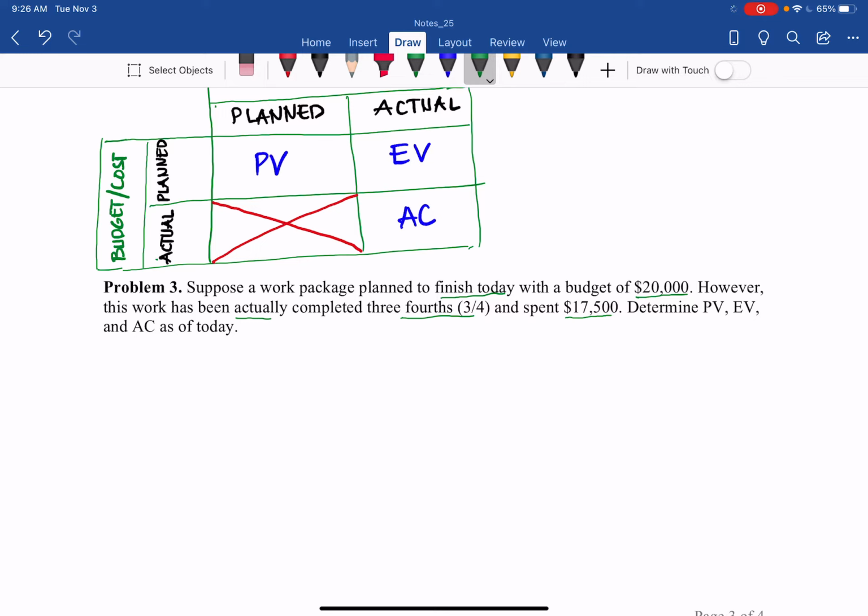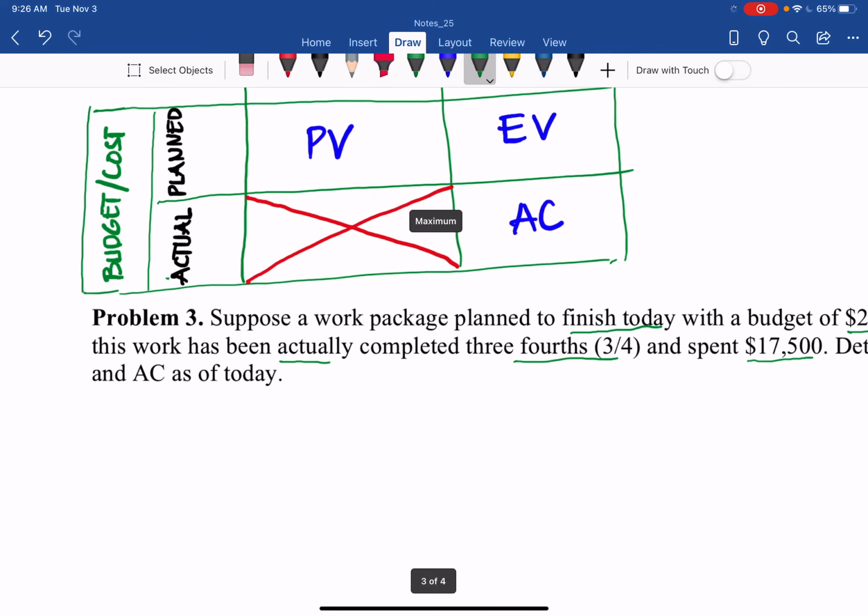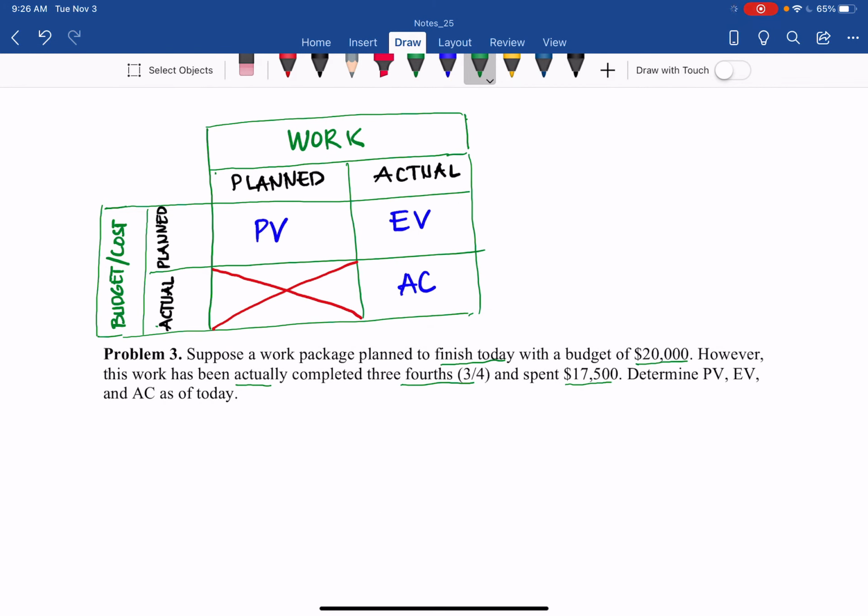As of today, they spent 17,500, and that is the actual spending for the work completed. So that drops in the box of AC. So the AC, actual cost of this work today, equals 17,500.